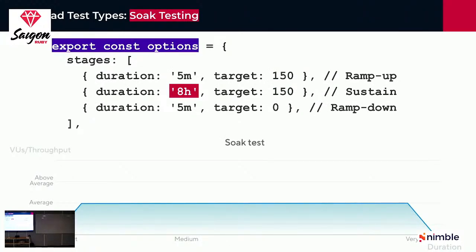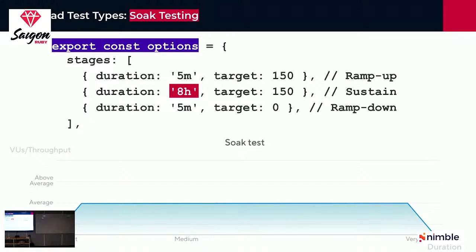And with soak testing, everything still stays the same as the average load test, but the duration has been changed from 30 minutes to 8 hours. Soak testing is also another variation of the average load test.